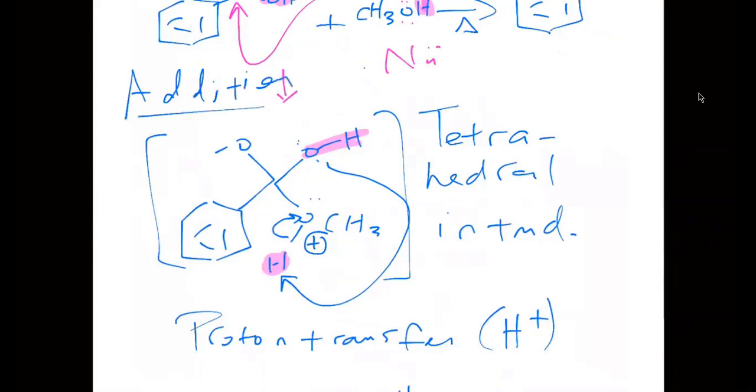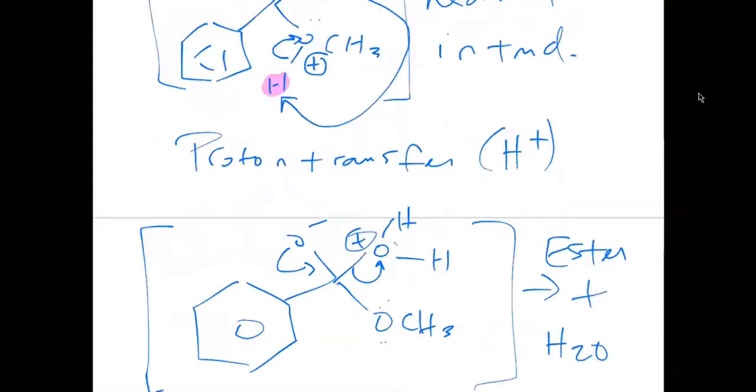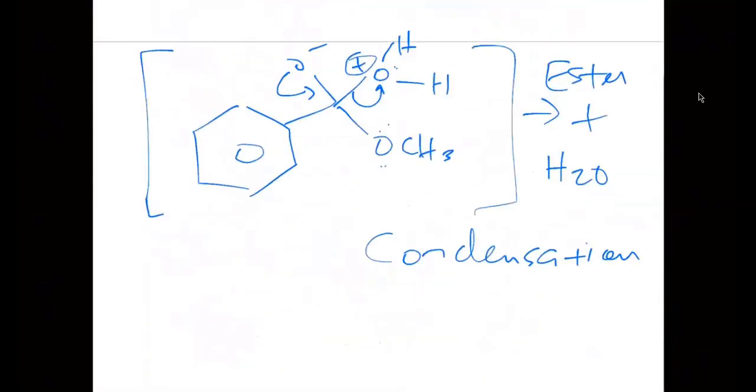And how do we know it's an addition? Because we took a pi bond and we added something to it, right? And that pi bond got broken. Additions happen on pi bonds, whether it be a triple or a double bond. And then down here, what is this step to give me? Let me draw the ester out so you can see the product. That's the elimination, right?